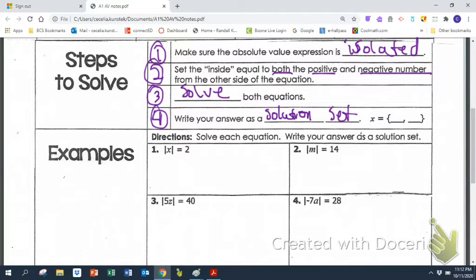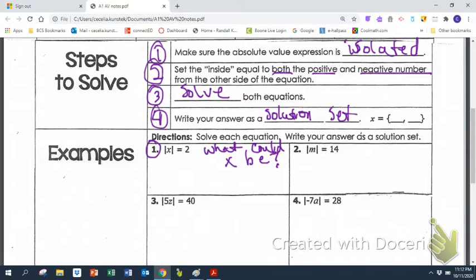Okay, so let's go ahead and get started on this. If I'm looking at the absolute value of x equals 2, I'm looking at number 1, I'm asking myself, what are the possible values of x? So I'm saying, what could x be?